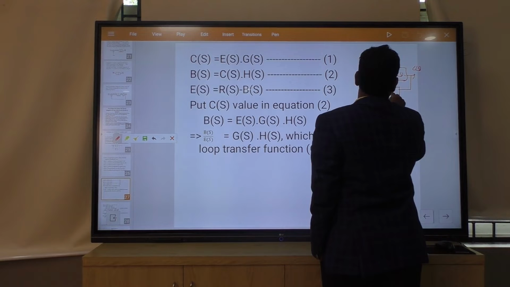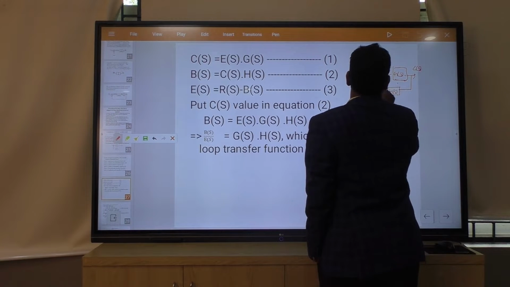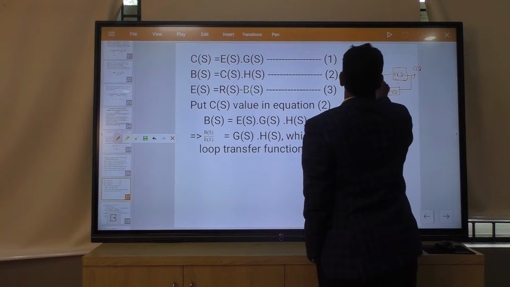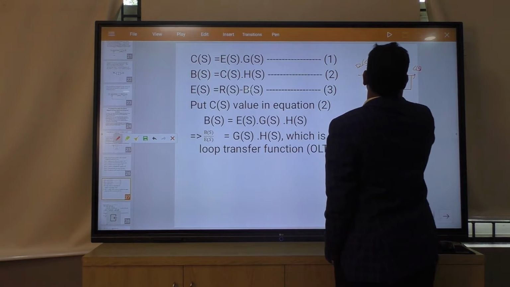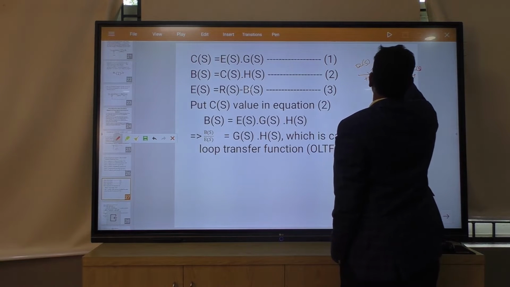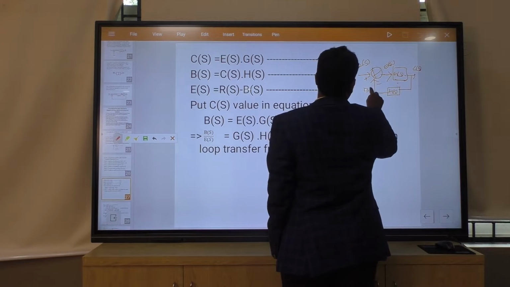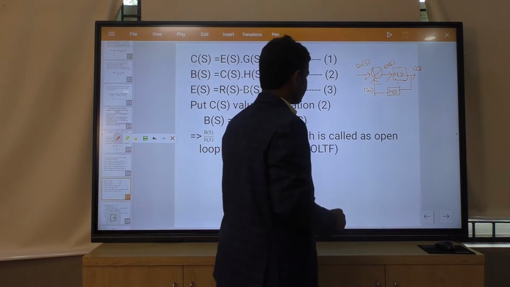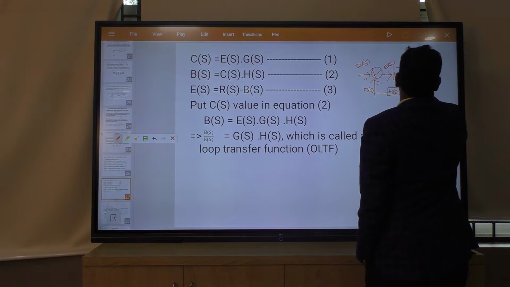This is the HS. This is the error detector. This is minus. This is the RS, which is plus. The output of the summing point is ES, and this is the BS, you see. So what is the output of this closed loop system?